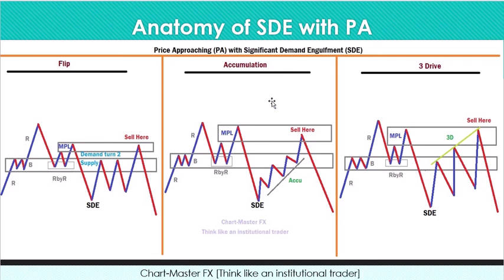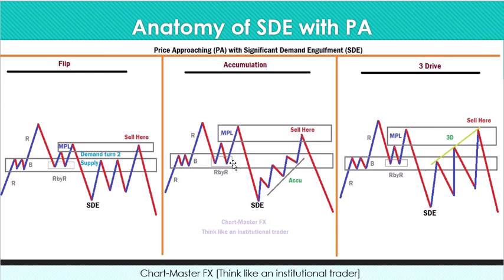So let's go to accumulation. On accumulation, we can see that this market was coming from a rally base rally, or the market may be coming from a drop base rally. So those are the 2 conditions that we have to look for if it is a sell setup. So we have a visit to this base, first visit, second visit.